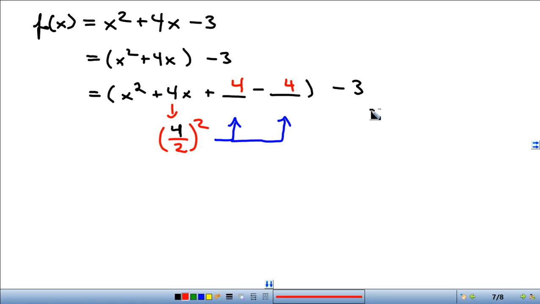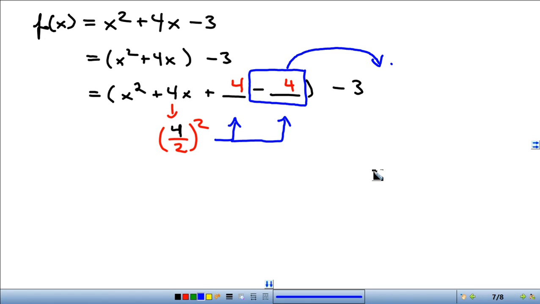Now, I'm going to take this minus number and pull it outside the parentheses. If there was a number in front of the parentheses, the number that I pull out would be affected by that number.